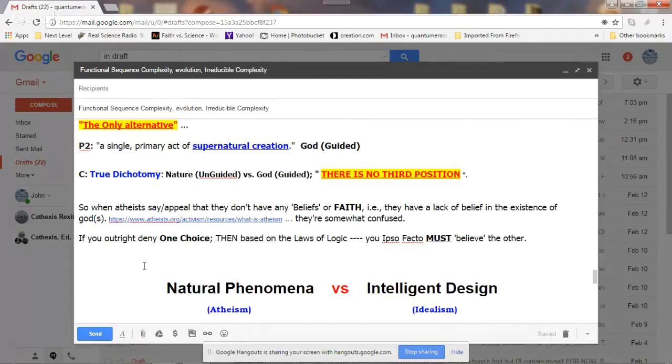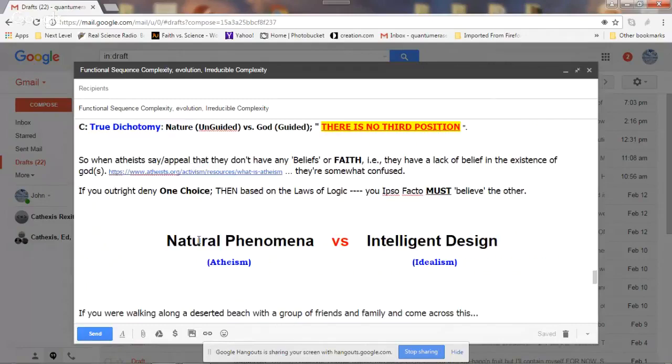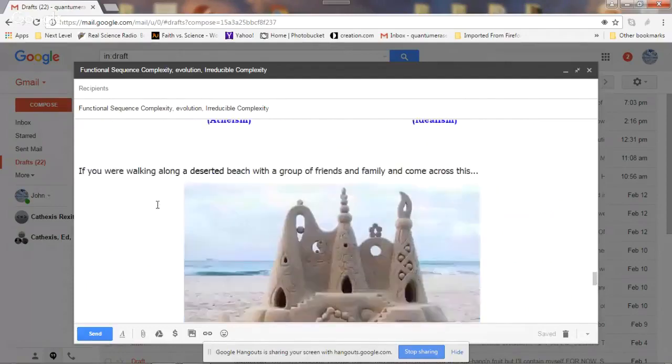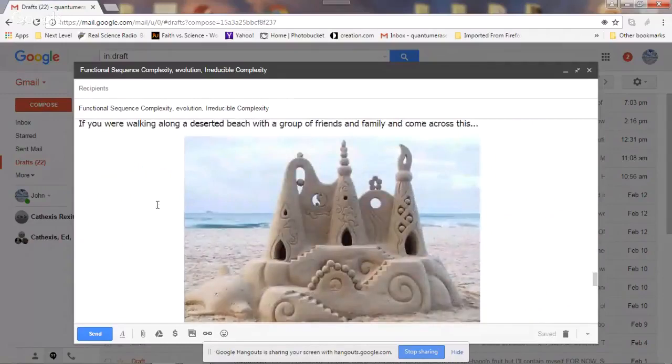Just like I said, if you outright deny one choice out of two choices, then based on the laws of logic, you ipso facto must believe the other. So natural phenomena, that's atheism, versus intelligent design. That's it. I hope that's pretty clear. So let's say I didn't transition here. We're going to start to get into functional sequence complexity.